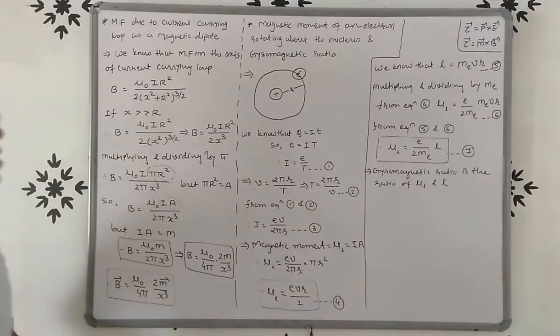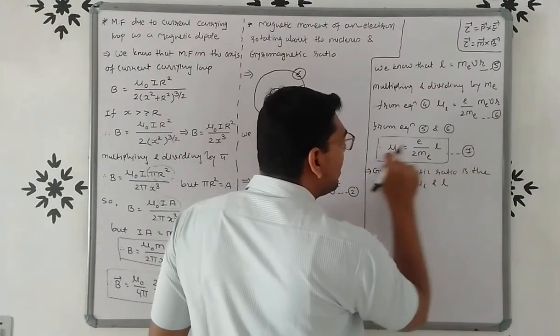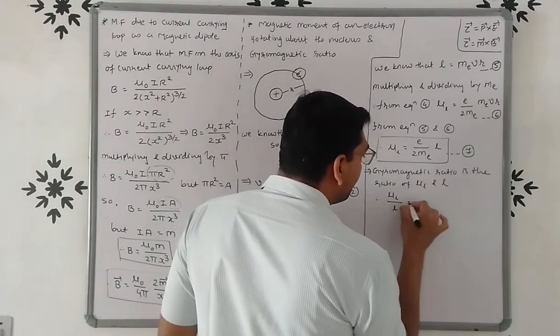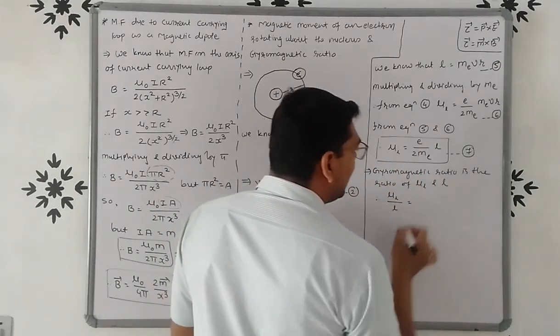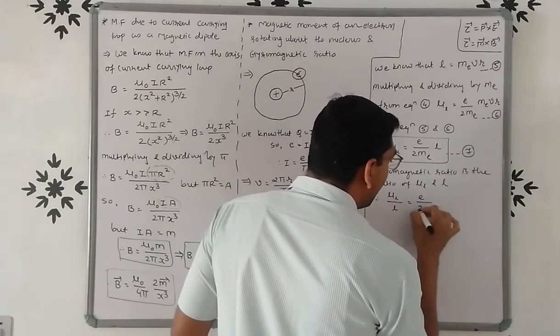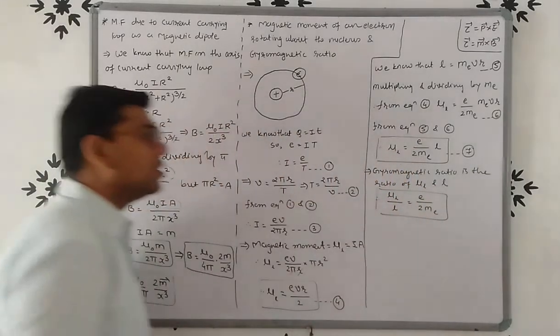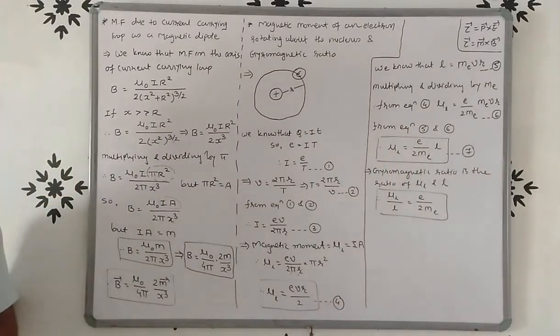So here we take L to the left hand side, so we get moment upon angular momentum is equal to e by 2 m e, that is the gyromagnetic ratio. So the equation of gyromagnetic ratio is e by 2 m e, right?